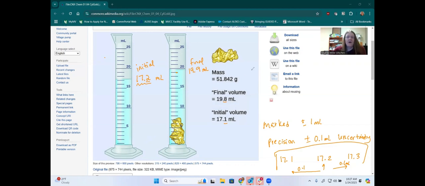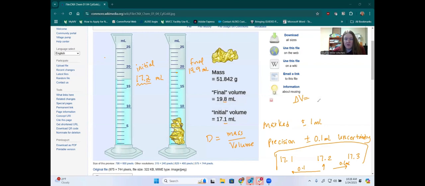Okay. Now, when we're trying to figure out the density of something, for example, the density of your metal cylinders, density is always mass over volume. And I need to know the volume of the object I'm measuring, not the volume of the water and the object. So we'll always be doing this equation where it's the change in whatever I'm interested in, in this case, the change in volume. Delta is the triangle here.